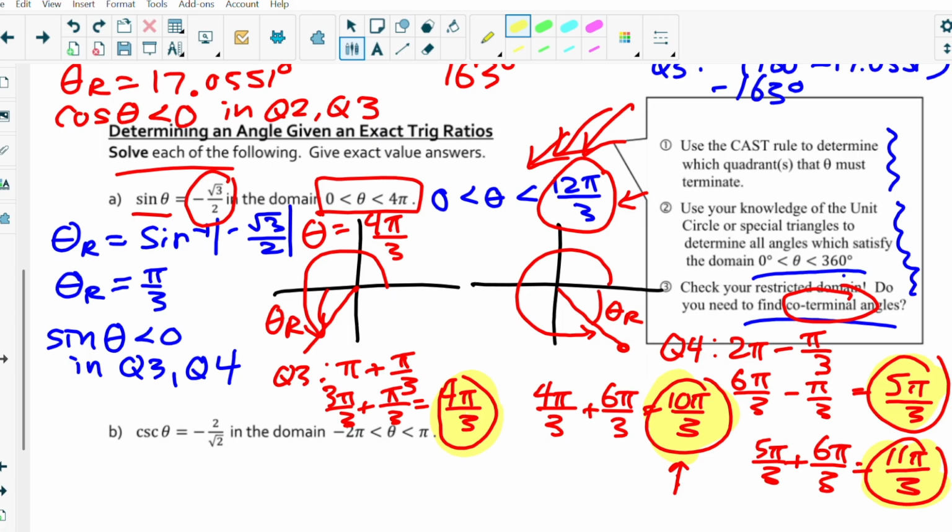The domain is super important, because if you miss the domain and you just give the one solution you think is the one, you're going to miss other solutions. Okay, so you've got to pay attention to this domain here.